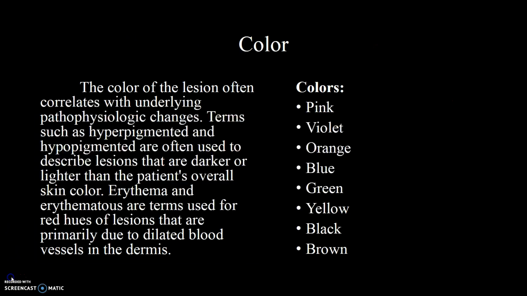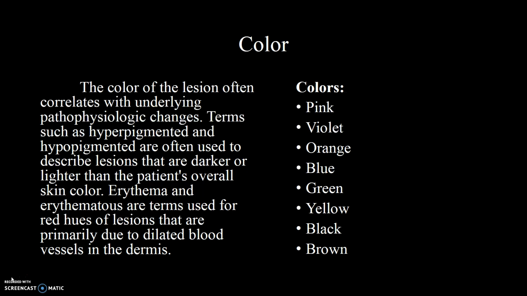So now it's important for us to think about the color of a lesion. You might be very familiar with the terms hyperpigmented and hypopigmented, and that's often used in comparison to the patient's overall skin color. It's either lighter than or darker than. And we're all familiar as nurses with erythema and erythematous terms, which really talk about red hues from pink to just really bright red, and that usually are associated with dilated blood vessels in the dermis.